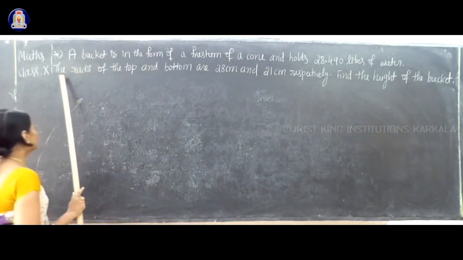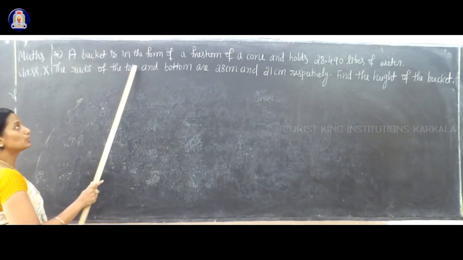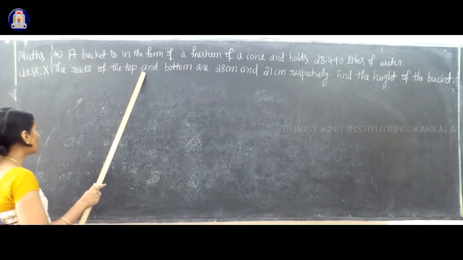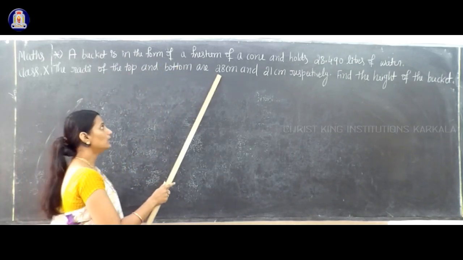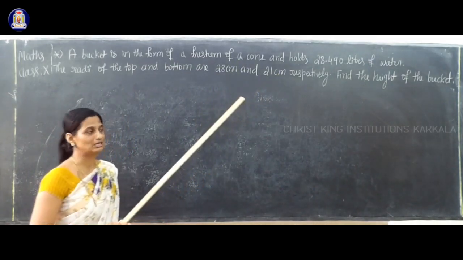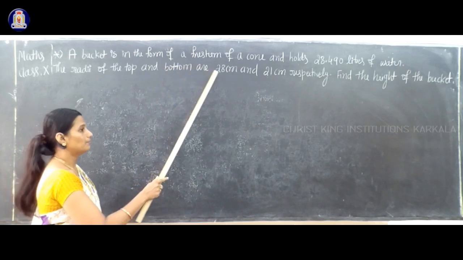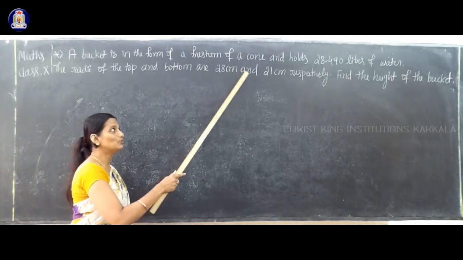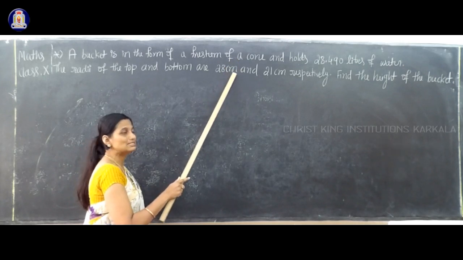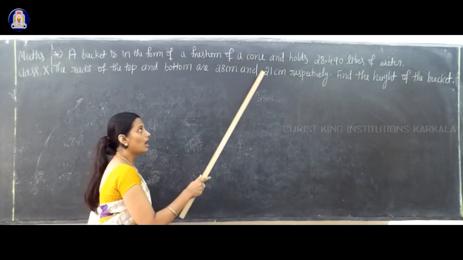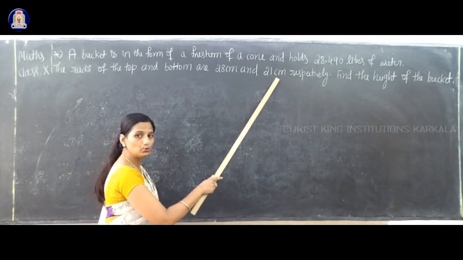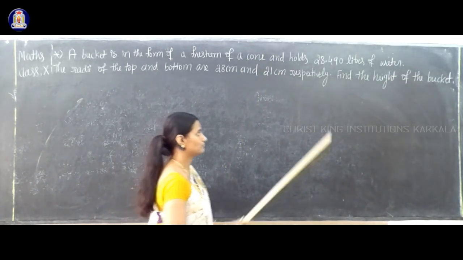Now next, the radii of the top and bottom are 28 centimeter and 21 centimeter respectively. That means R1 is equal to 28 centimeter. See the unit, it is in centimeter. R2 is what? 21 centimeter, again in centimeter.